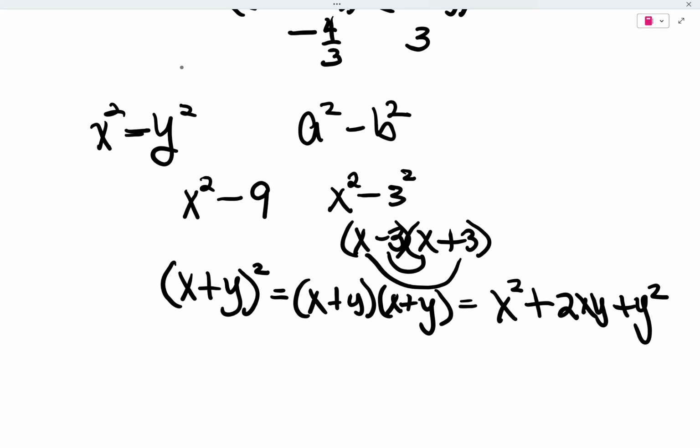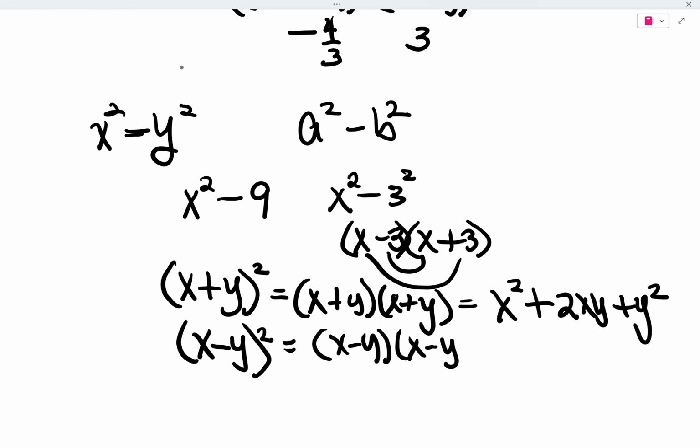And you see this with also the negative. So I can have x minus y squared. And that simply becomes x minus y times x minus y, which, as we finish, is x squared minus 2xy plus y squared.